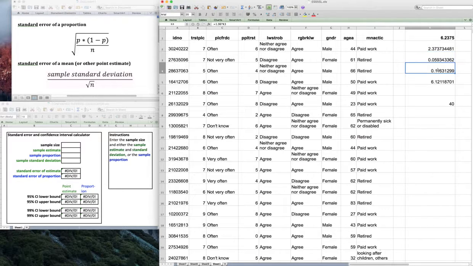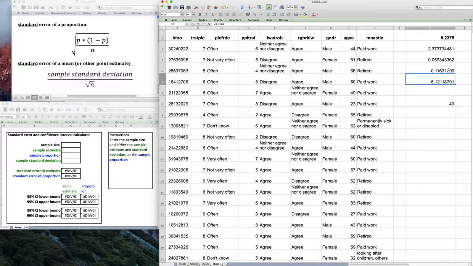We then want to multiply that by 1.96, because remember we want just under 2 standard errors above and below the point estimate to give our 95% confidence interval. So that's just 1.96 times the number we just calculated. That gives us that number there.